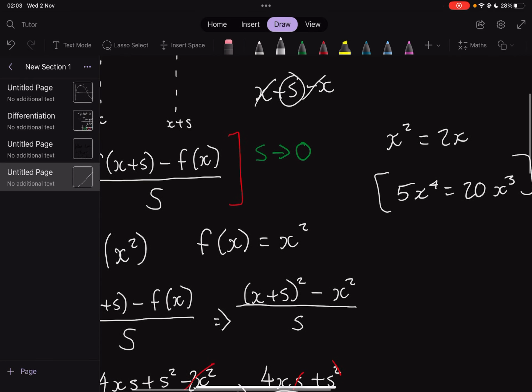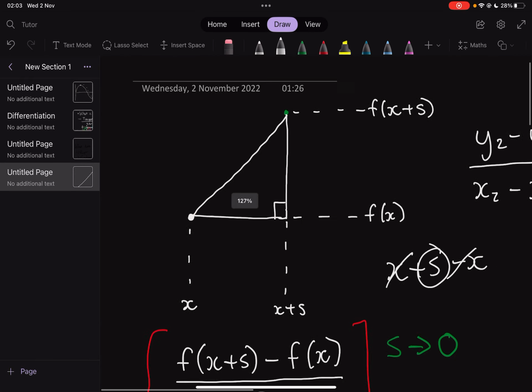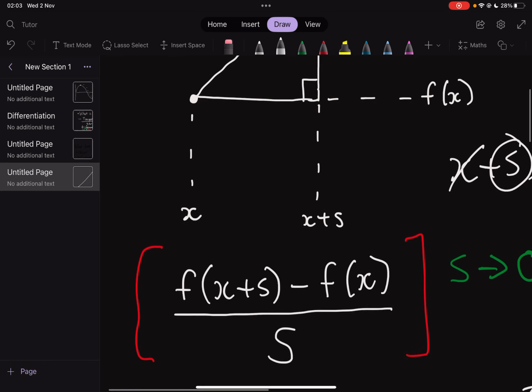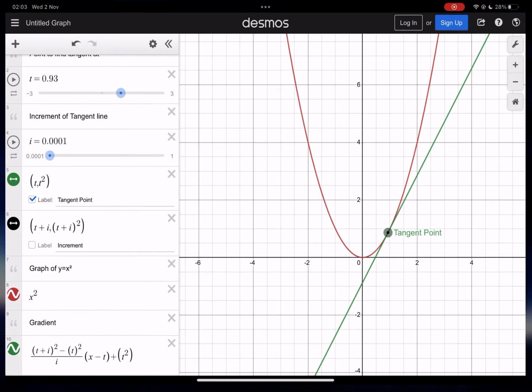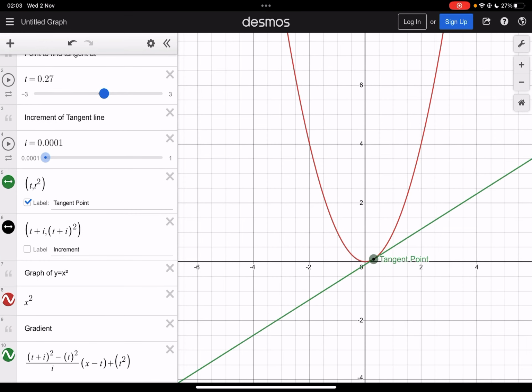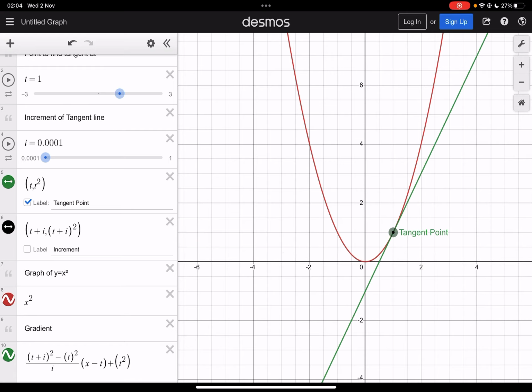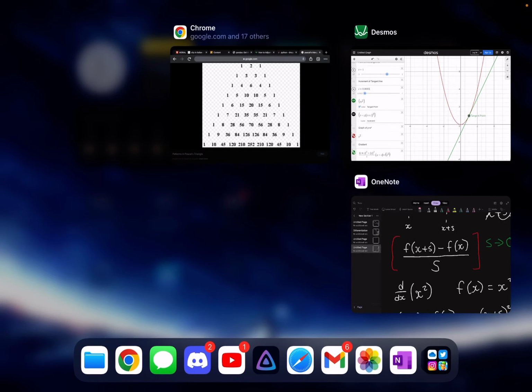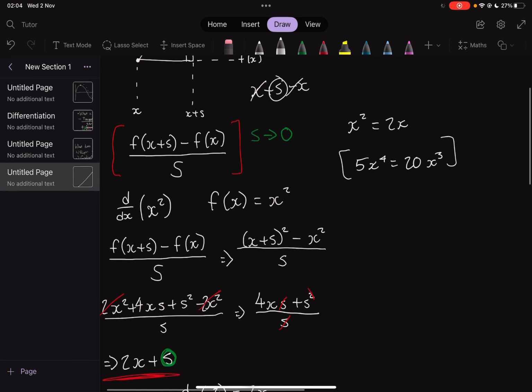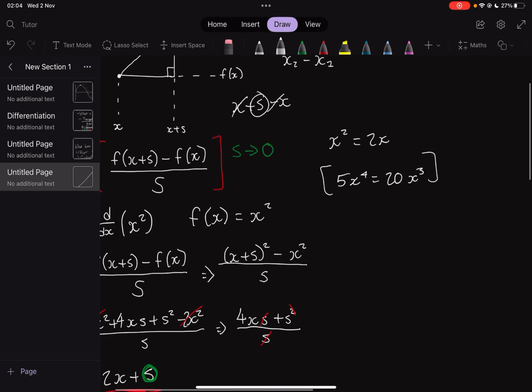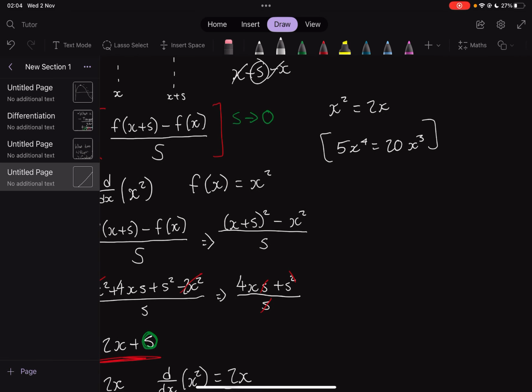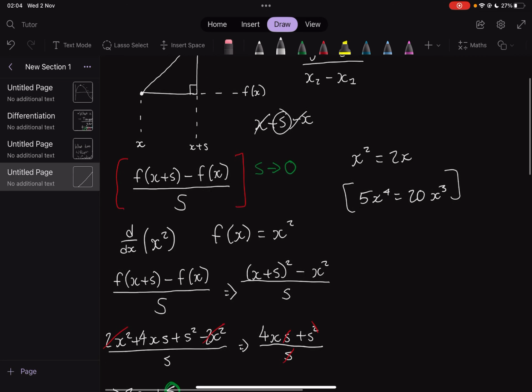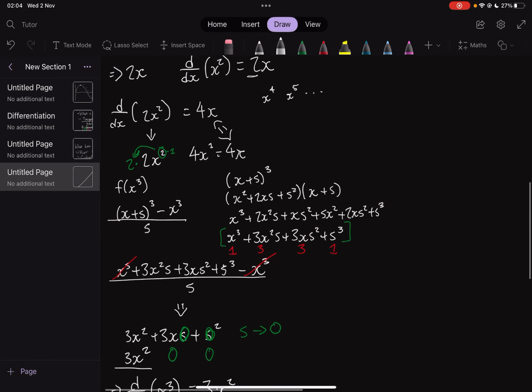It's basically the equation of a gradient that is slowly approaching 0 from some point, like so. Now this works for trigonometric functions as well, like sine x, cos x, but that is a lot more complicated, so just take that one at face value. But for polynomials, that's how you calculate a derivative the long way.